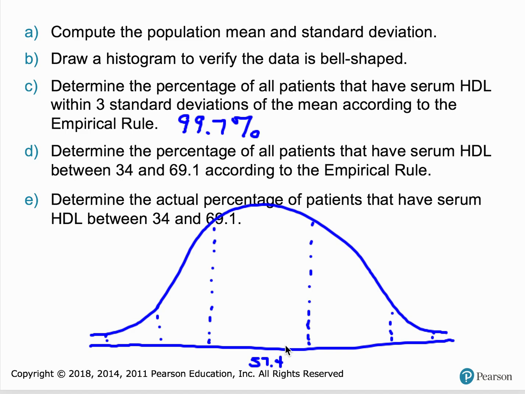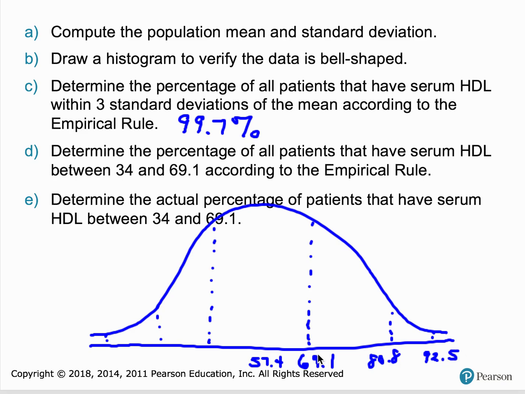So I'm going to take the 57.4 and you add 11.7 3 times. So the first one gives us 69.1, and then add 11.7 again, 80.8, add 11.7 again, and 92.5.